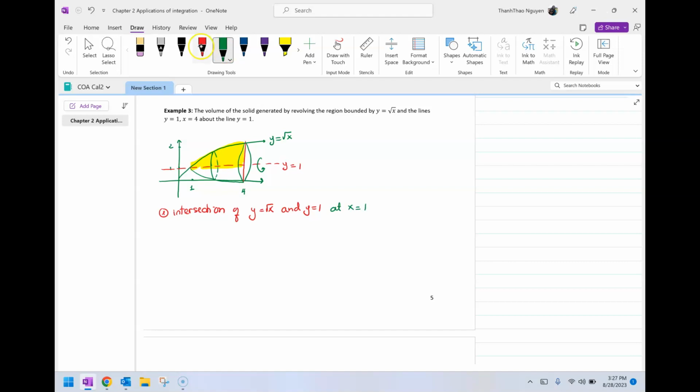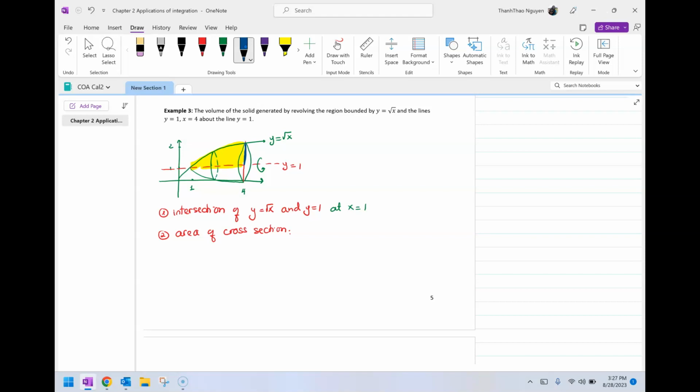The area of the cross section: so this here is the radius of the cross section.